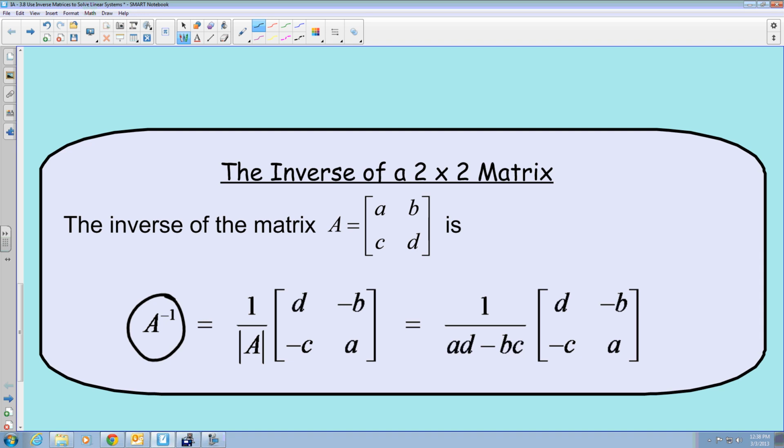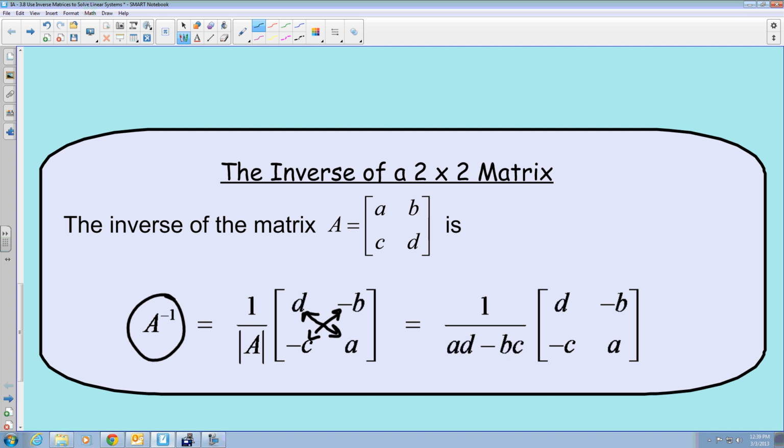And so when I'm trying to find the inverse of the matrix, this is what we have to do. The inverse of this matrix A equals 1 divided by the determinant of matrix A, which becomes a scalar multiplication number, and you multiply whatever this value is by this matrix. What we've done here is swap the a and d positions, and then we've got the opposite signs of b and c.